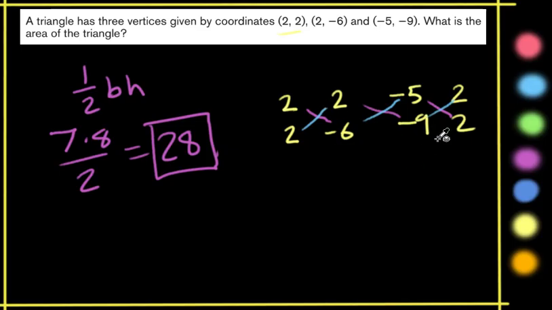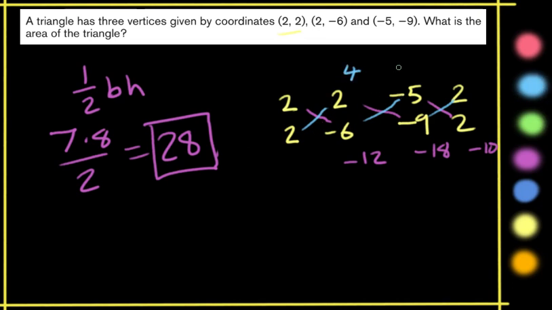And what you're doing is you're multiplying. So you're multiplying 2 and negative 6, that gives you negative 12. And then you multiply 2 and negative 9, that gives you negative 18. And then you multiply negative 5 and 2, that gives you negative 10. And then you go and you do it the other way. So you do 2 and 2, that gives you 4.